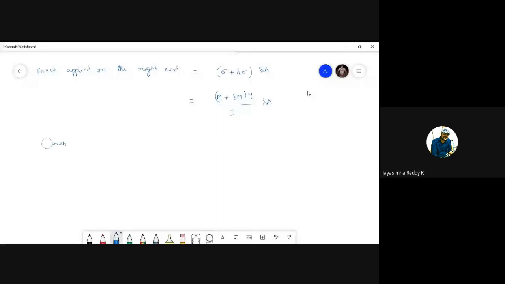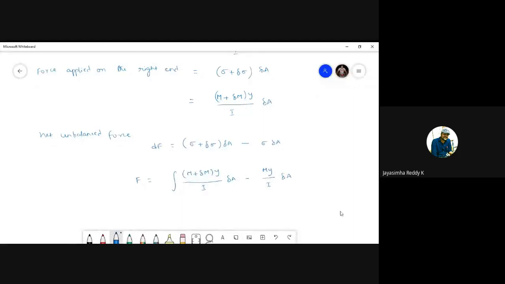Net unbalanced force. If you write the net unbalanced force, dF is equal to sigma plus delta sigma into delta A minus, the right side this, minus the left side this. Okay, I can write it like this. So if I want to write F, integral over M plus delta M into y by I into delta A minus My by I into delta A. Is it clear, students?